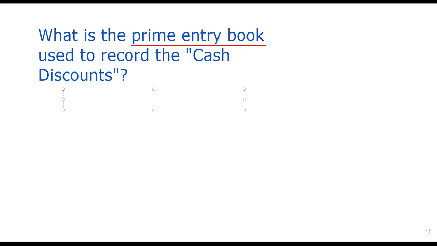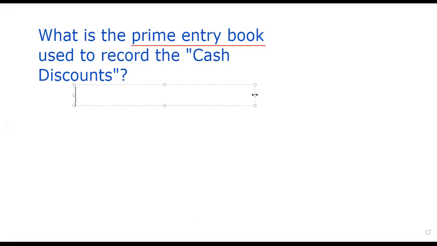Make a clear recording. What is the prime entry book used to record the cash discounts?